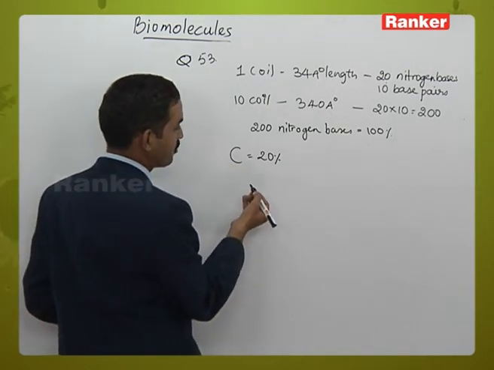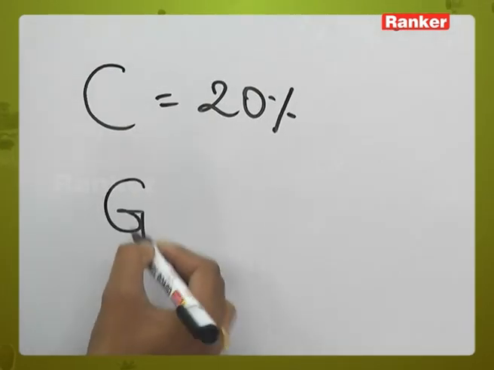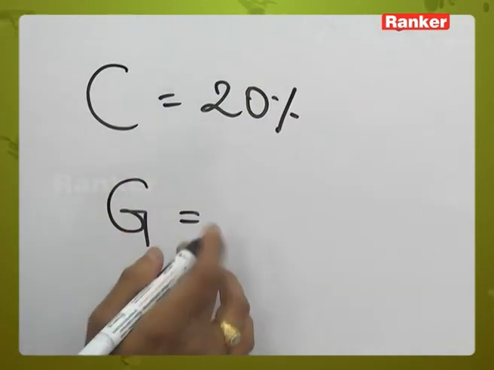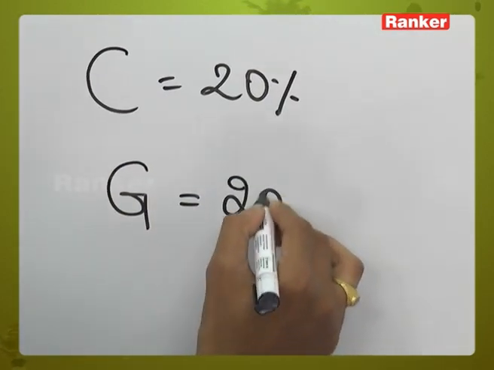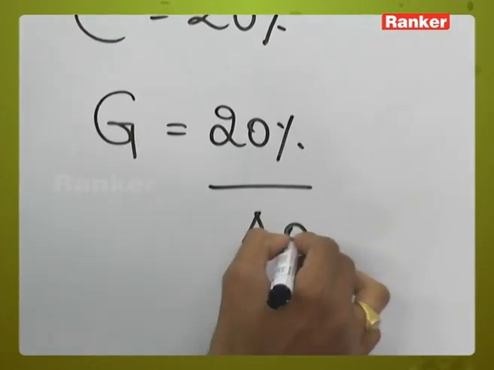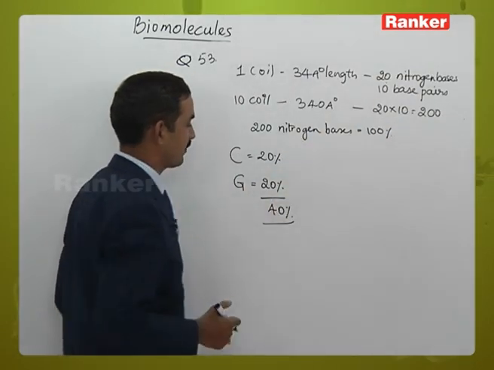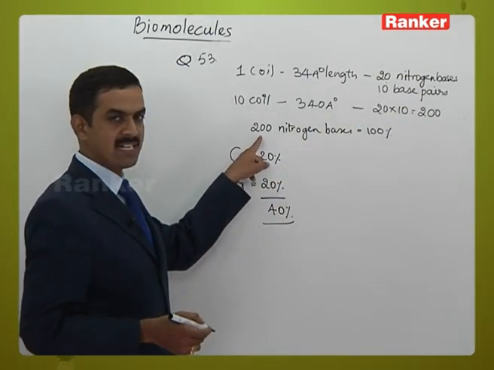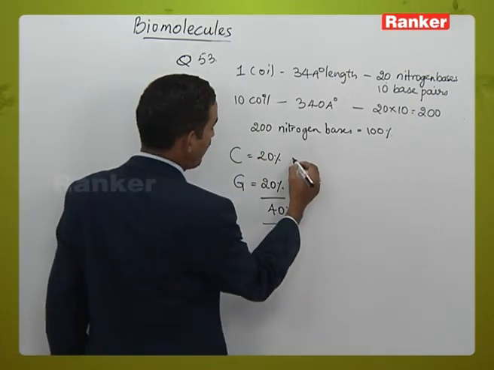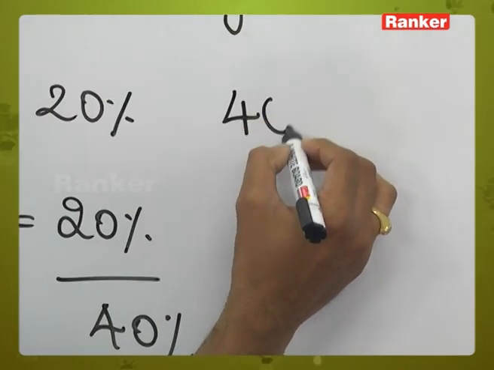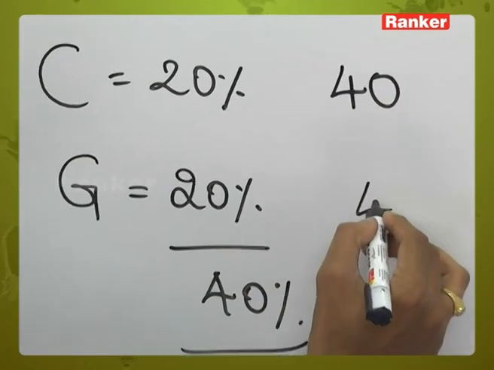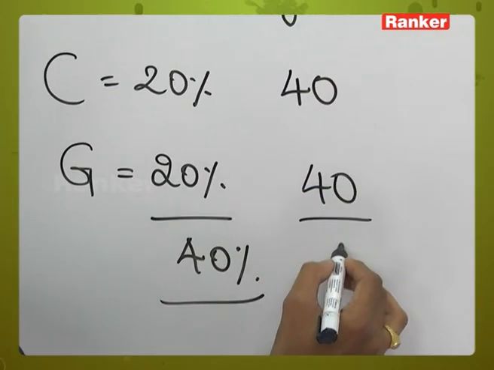When cytosine is 20%, we know that it is complementary to guanine, so it is also 20%, which comes to 40% out of this 100%. Then 20% of 200 is 40. So the number of cytosines is 40, and the number of guanines is also 40.